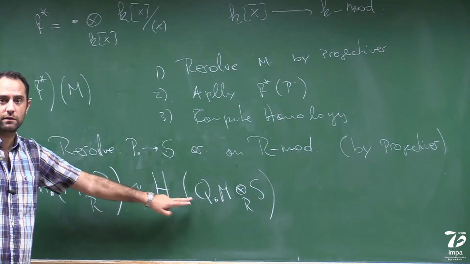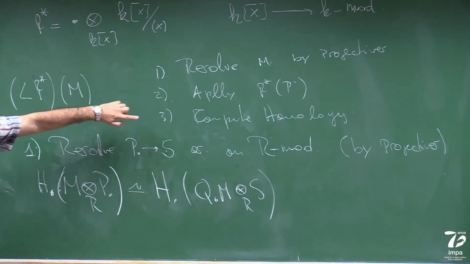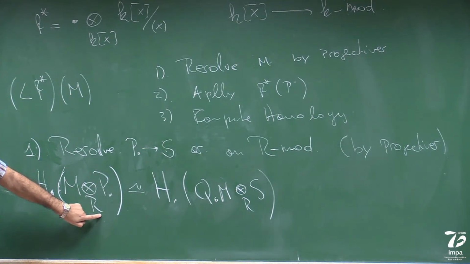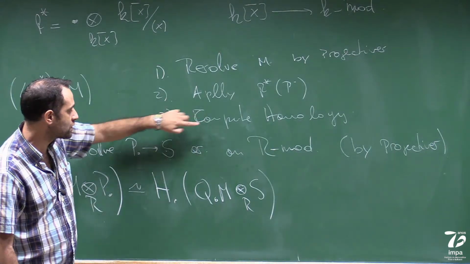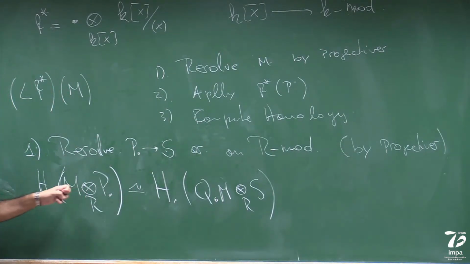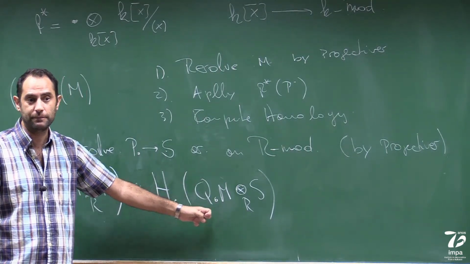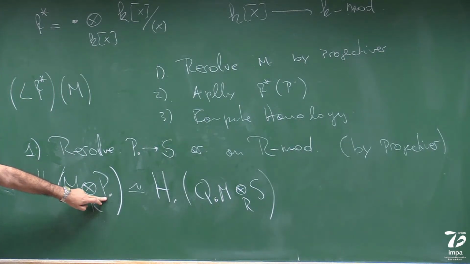I'm going to prove this in the coming lectures, but now I'm going to do this in these geometric settings. This one works better, because once we found one resolution, which is this P, it works for every M. The other way around, for every M that I want to compute the derived functor, I need to find its resolution, and that's tougher. So once I found one resolution of S, it works for every M.